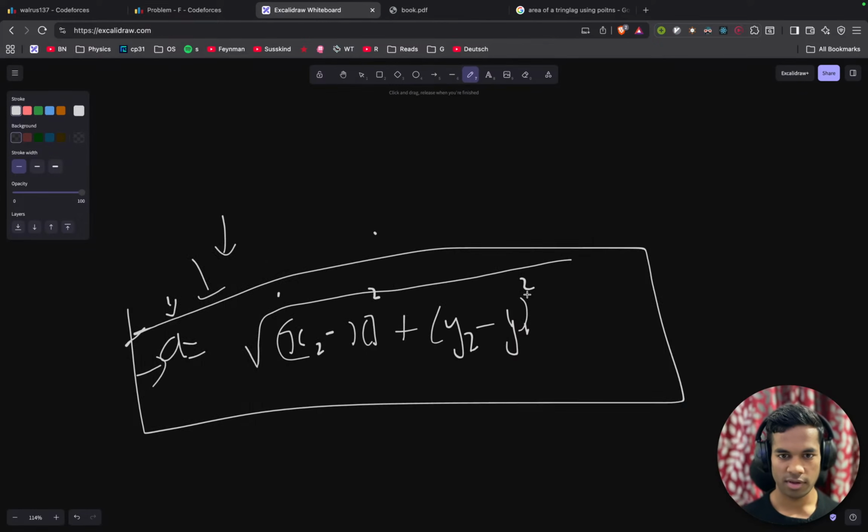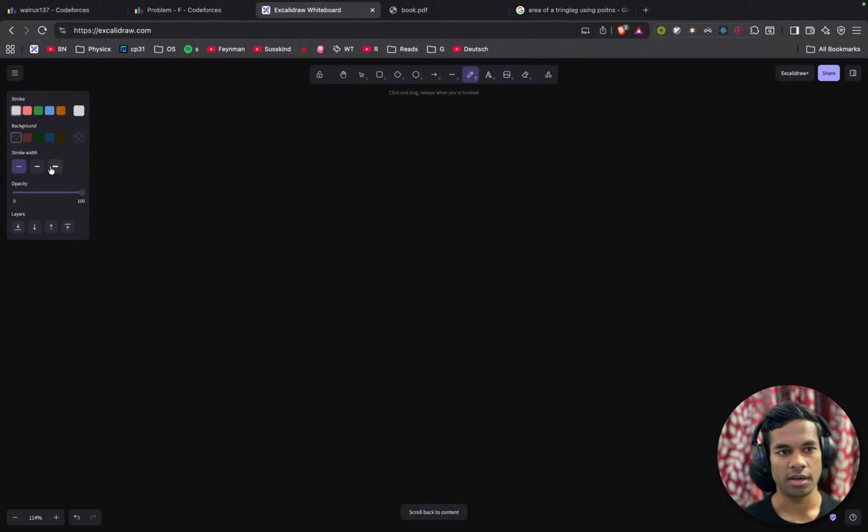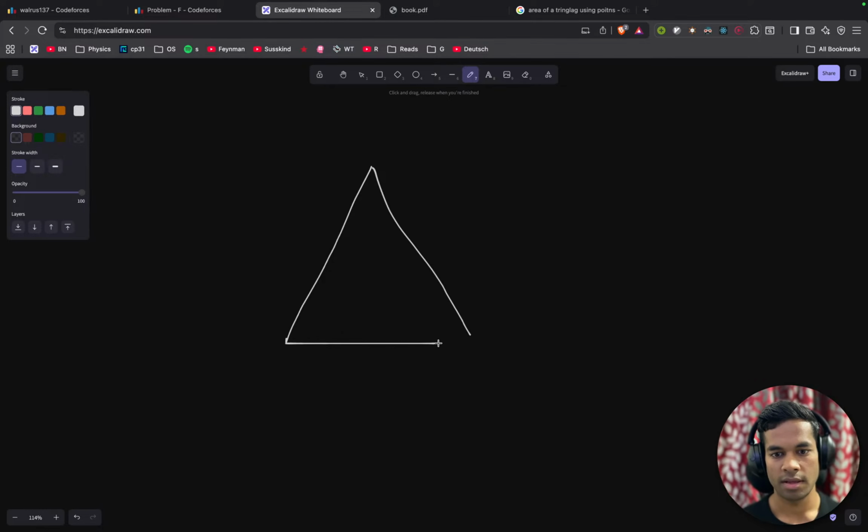And also, the nice thing is that if we have a triangle, how do we prove that its angles sum up to 180? If this is theta 1, this is theta 2, and this is theta 3.